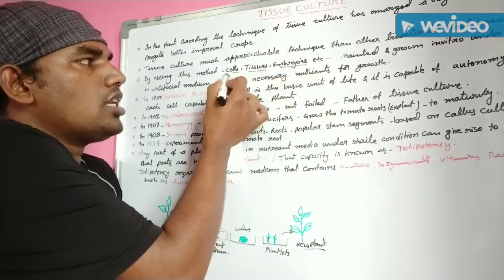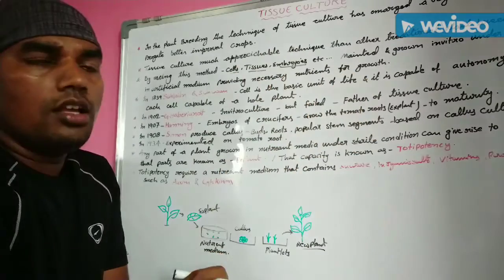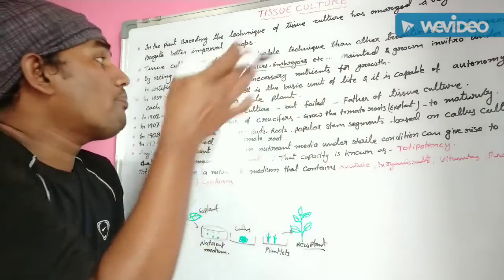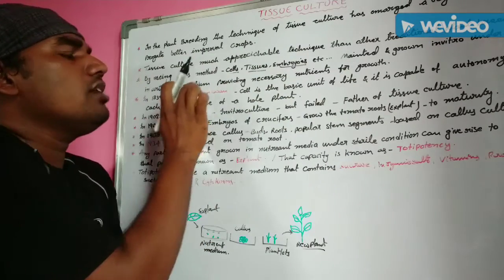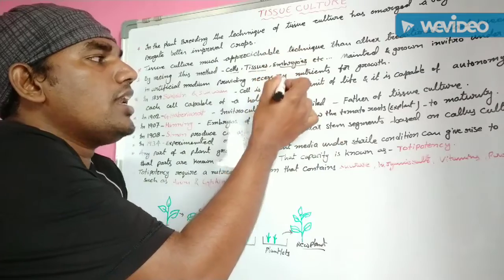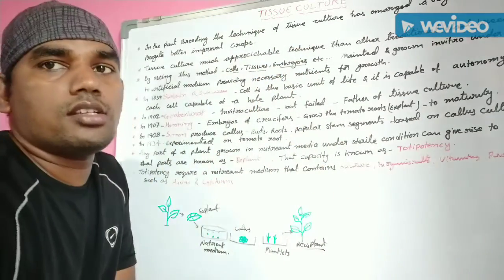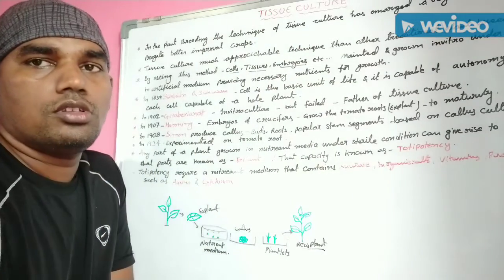Tissues, cells, and embryos need some nutrients for their growth. So we prepare an artificial medium providing the necessary nutrients for the growth of tissues, cells, and embryos.